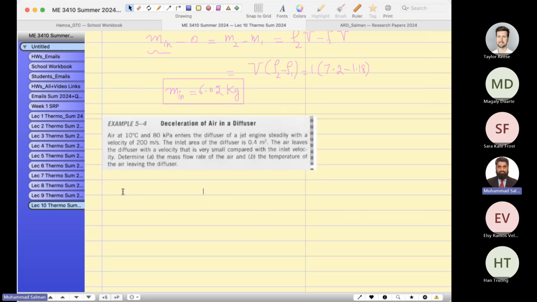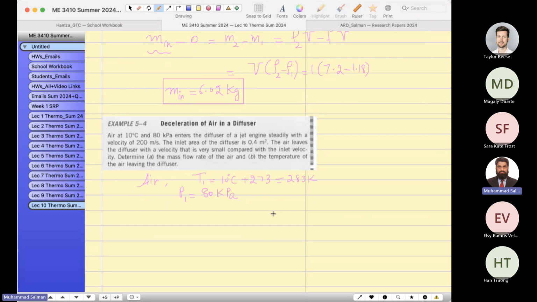Air at 10 degrees Celsius. So the fluid of our interest is air, and temperature T1 is 10 Celsius, but I will convert this into Kelvin. So 283 Kelvin, and the pressure P1 equals 80 kilopascals.